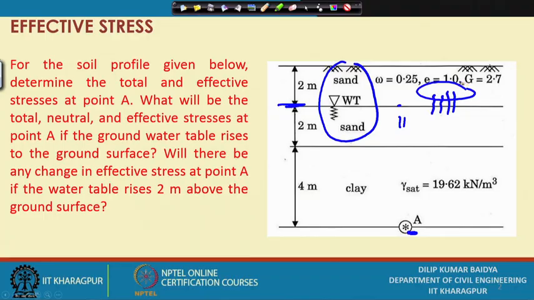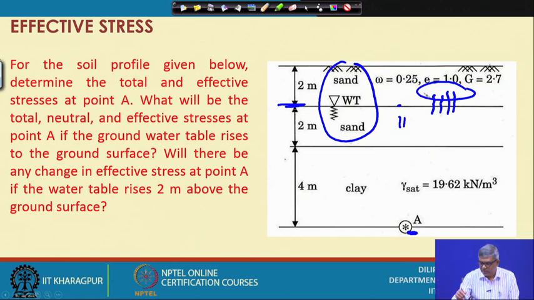So, here above the water table, what is given? e is given, water content is also given. Since water content is given, it must be partly saturated, there is some amount of water there. So, by using that I will calculate the bulk unit weight for this. Below the water table, the soil is always saturated.